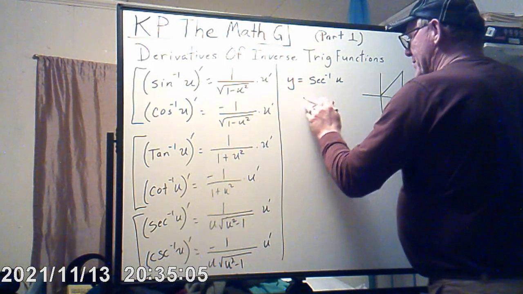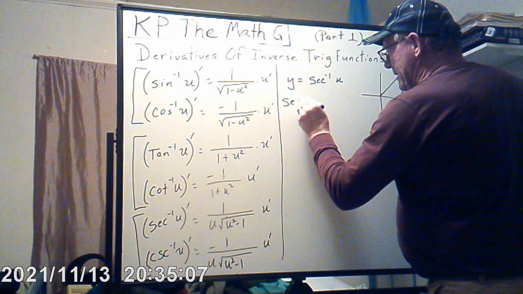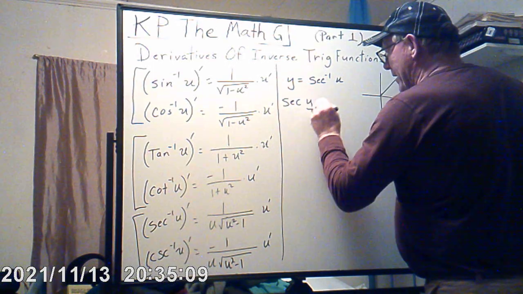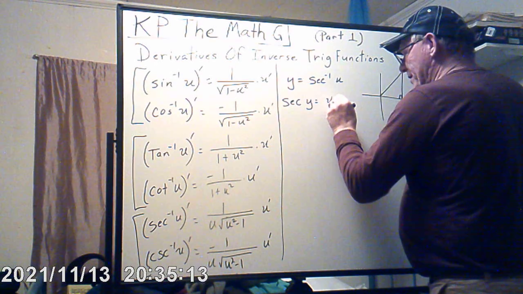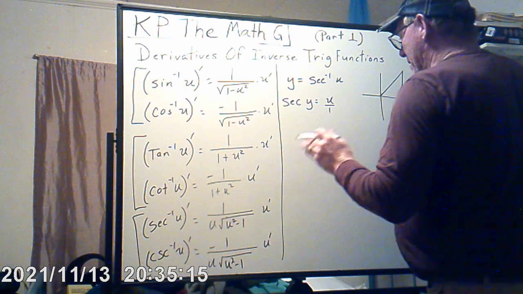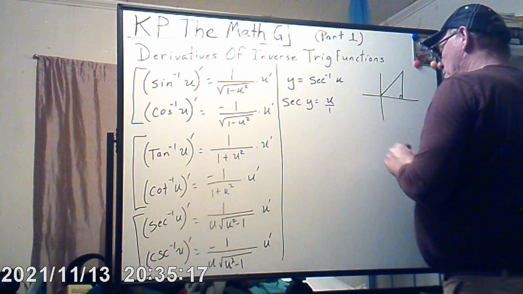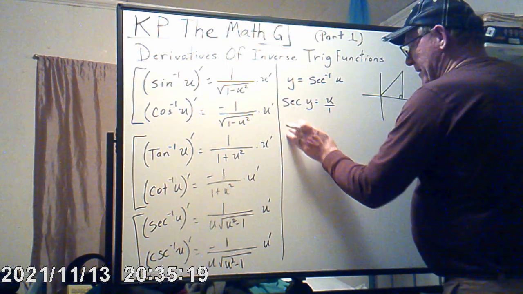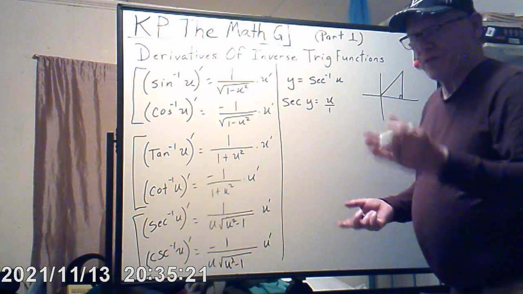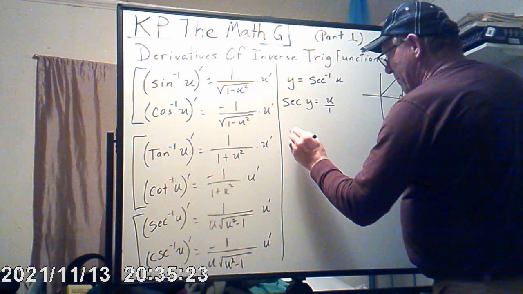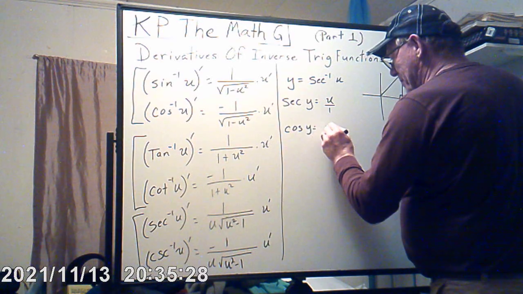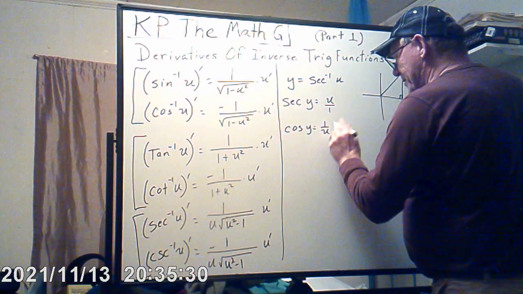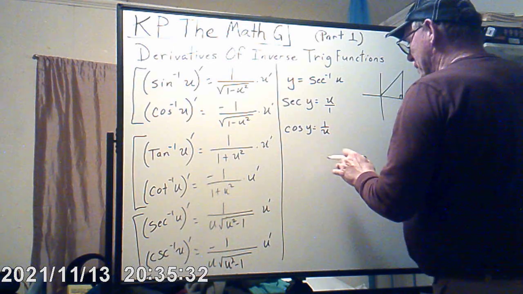Secant inverse, and then the secant of y is equal to u over 1. Remember, the reciprocal of secant is cosine. Cosine y would be 1 over u. Secant is u over 1.